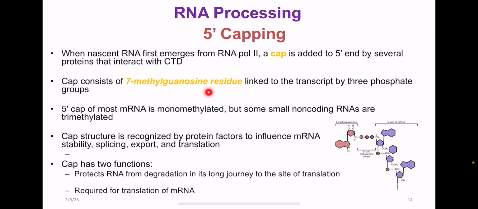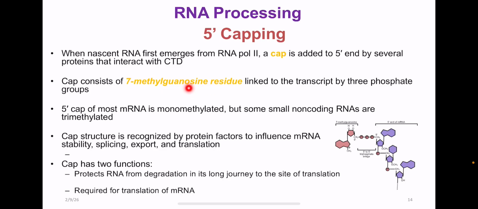Wherever you see m7G on the RNA molecule, it is the cap, and it is done at the 5' end. When you are transcribing an mRNA, the 5' end is synthesized first. To prevent the cell from degrading the mRNA that has been transcribed, we protect that end with a 5' cap consisting of the 7-methyl guanosine residue.